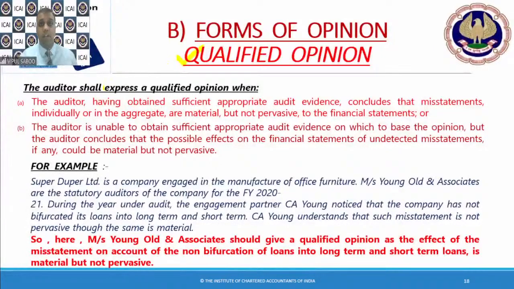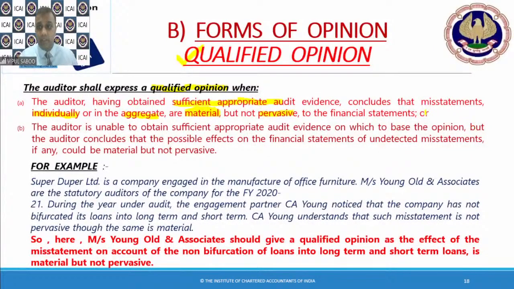So the auditor shall express a qualified opinion when the auditor, having obtained sufficient appropriate audit evidence, concludes that misstatements, individually, each misstatement in itself or in aggregate, are material, important, significant, affecting the true and fair view, but not pervasive to the financial statements as a whole. So he'll give a qualified opinion.